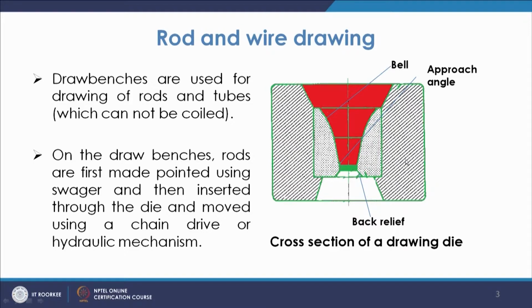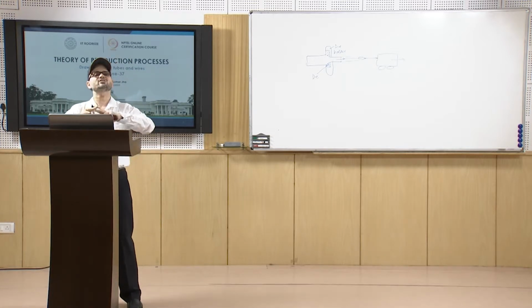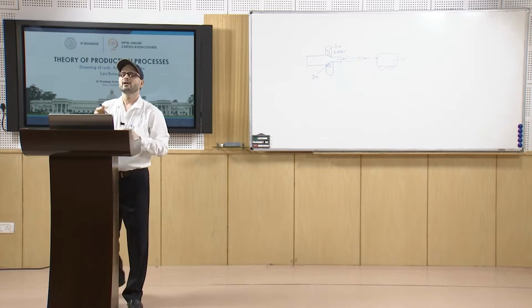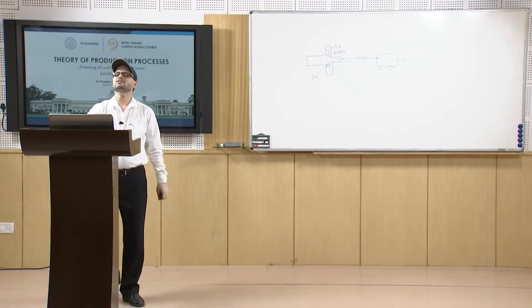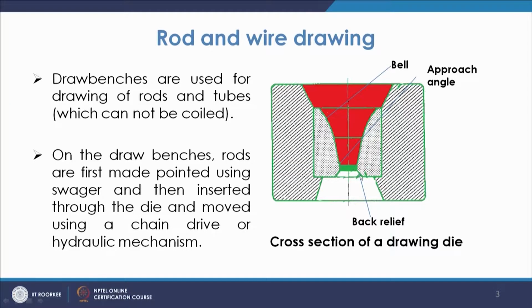Further, if you look at the other zones, you see the diverging zone, and this zone is known as the back relief portion. That basically allows the metal to expand slightly. Once the metal goes into that cavity, if you look at this position, you see that it is a little bit diverging.